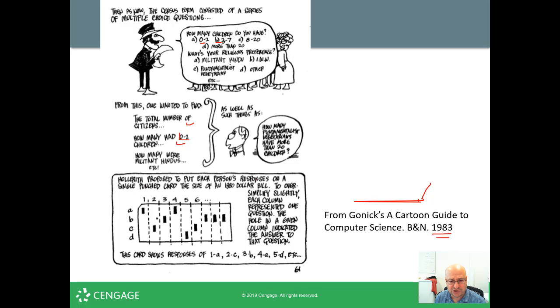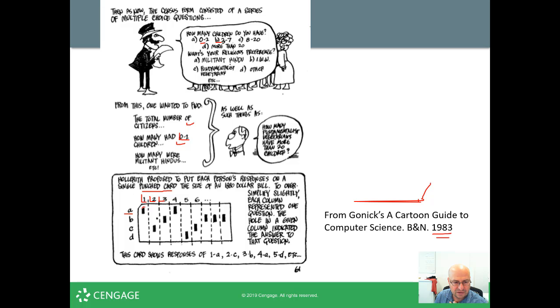So Hollerith proposed to put each person's responses on a single punched card the size of a dollar bill. In these punched cards, each column represented a question, question 1, question 2, question 3, and each line represented the answer.